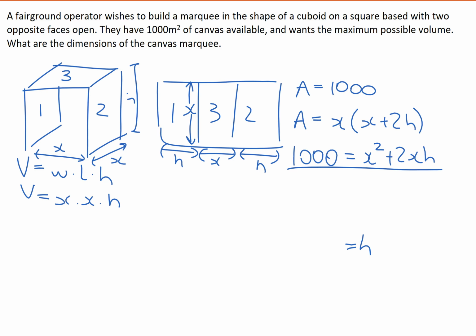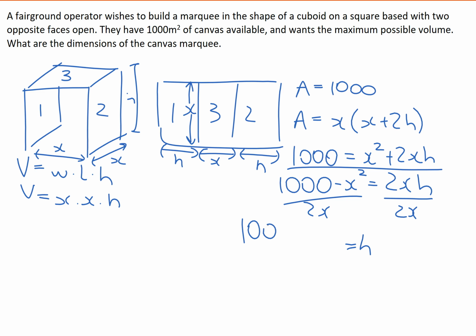Okay, so as I just said, to rearrange that, you take away the x squared, and then you divide by the 2x, and you're left with 1,000 minus x squared all over 2x. Now you can simplify that a little bit.